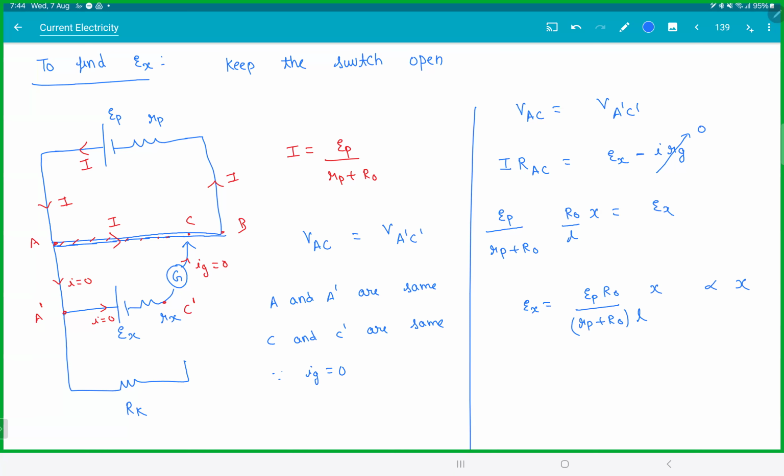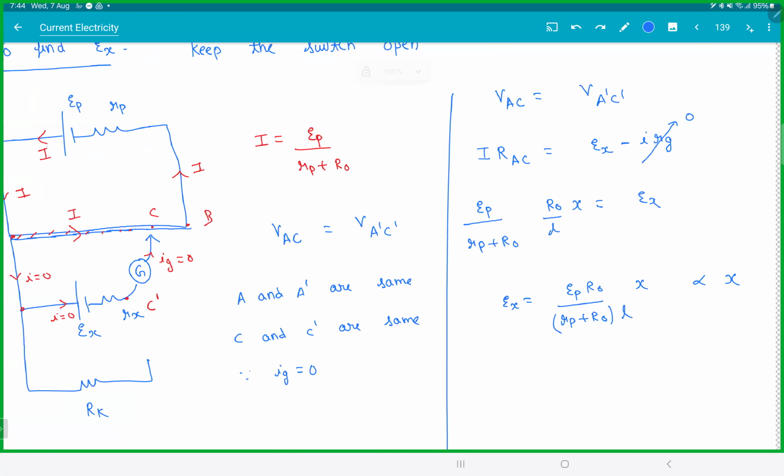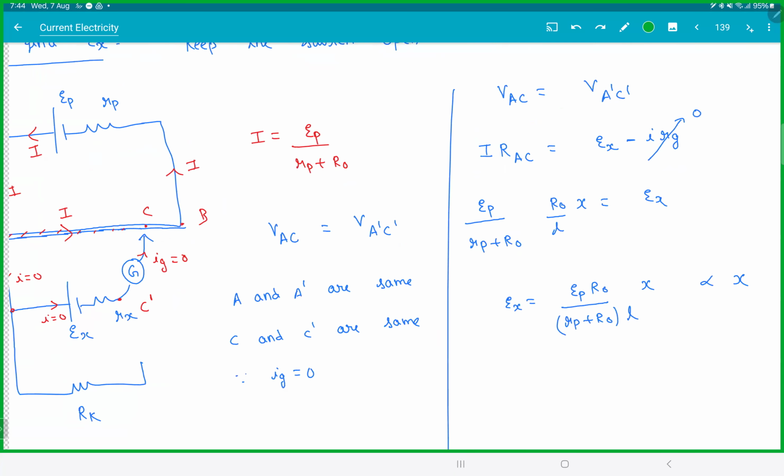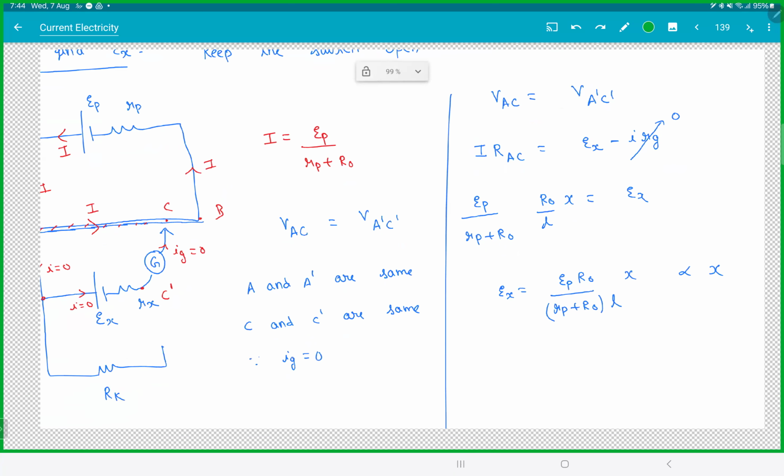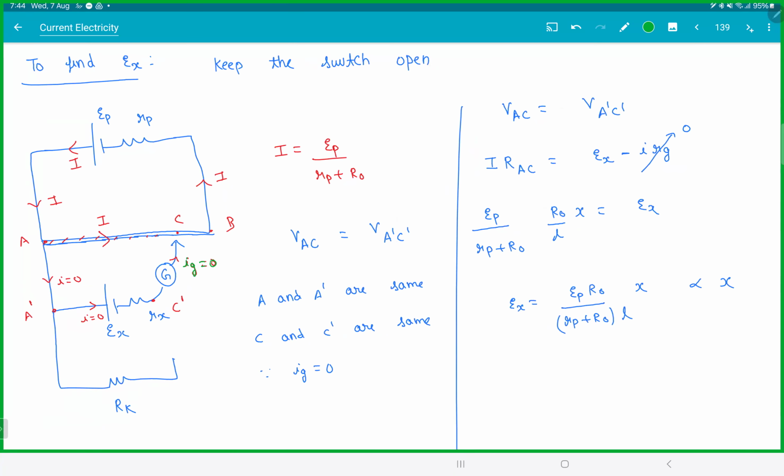So to find the EMF, step 1, keep the switch open. So the bottom part is useless. Then keep moving the jockey till the bridge is balanced. When the bridge is balanced, the current in the galvanometer is 0. So this current Ig is 0. If Ig is 0, then the current entering the unknown battery is also 0. So current only flows in the upper primary circuit, which is given by EP by RP plus R0.